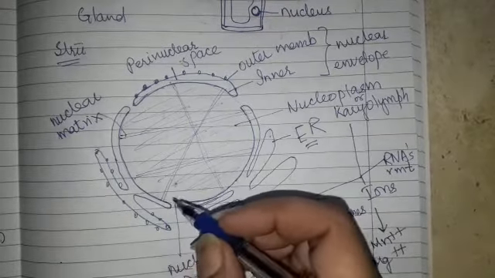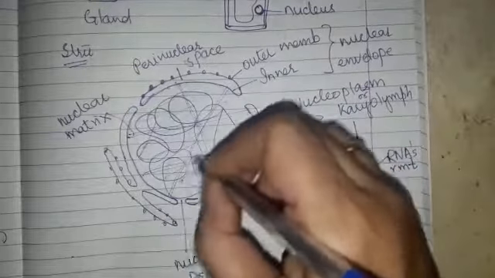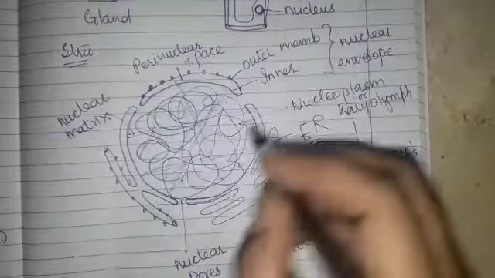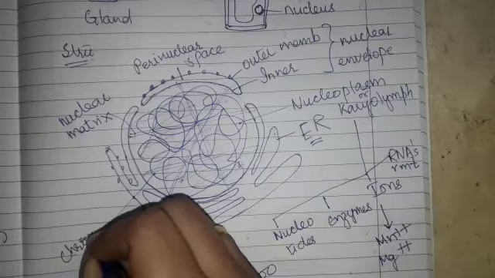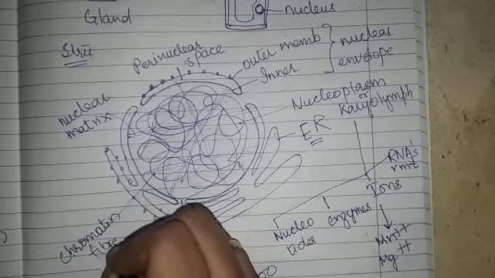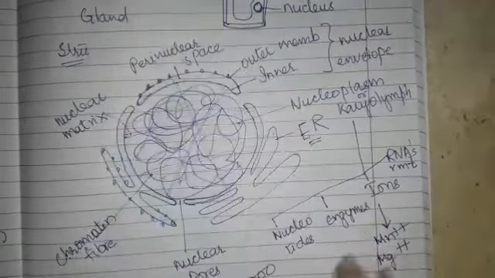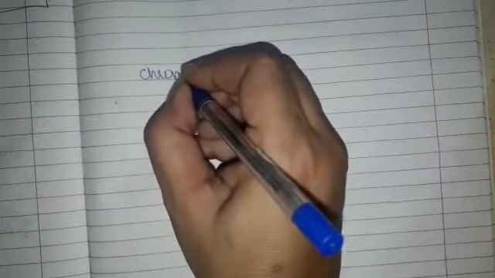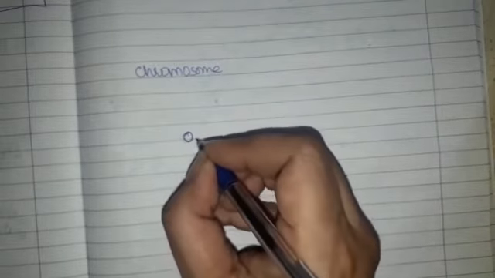There is present a fine network of chromatin fibers. They are a coiled network of fibers. This is called chromatin fiber. Each chromatin fiber, if it is a network, a whole bunch of chromatin fibers, each chromatin fiber is called chromosome. And chromosome consists of two basic parts.